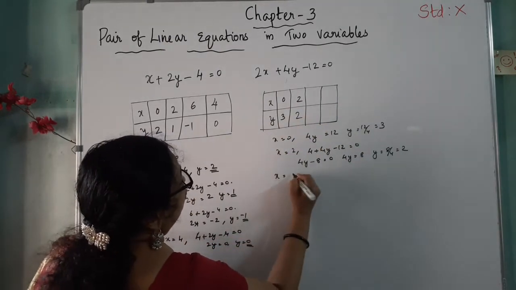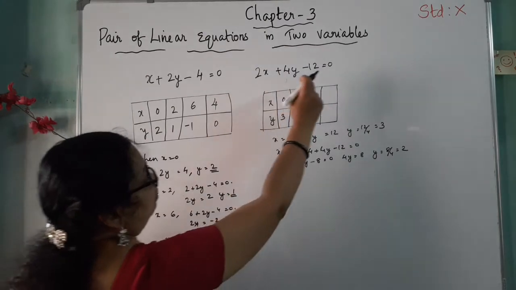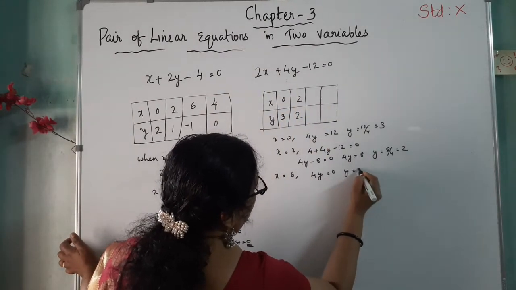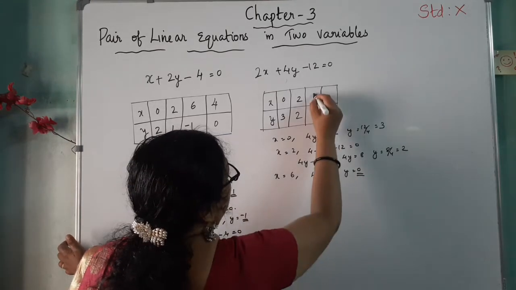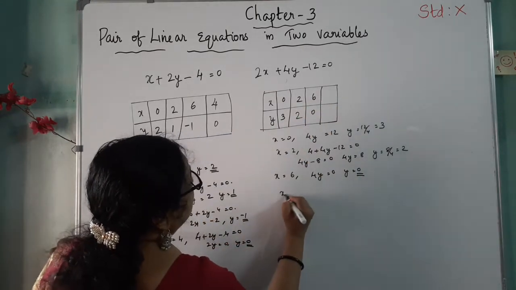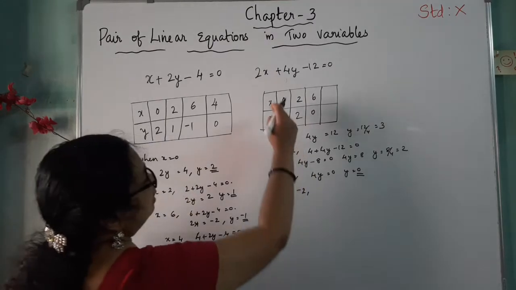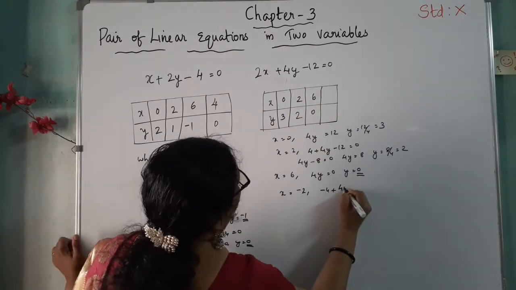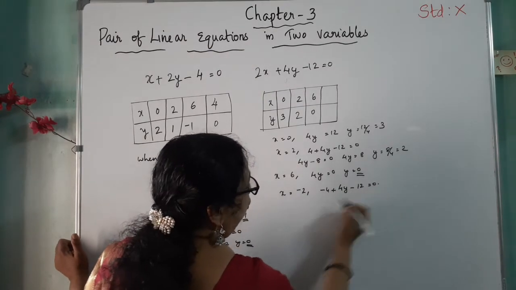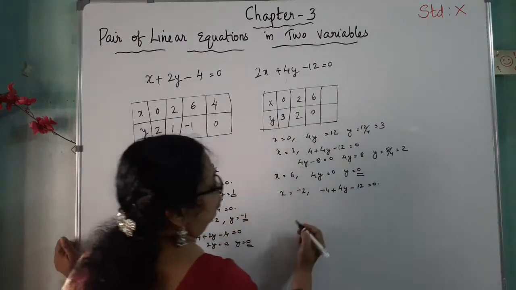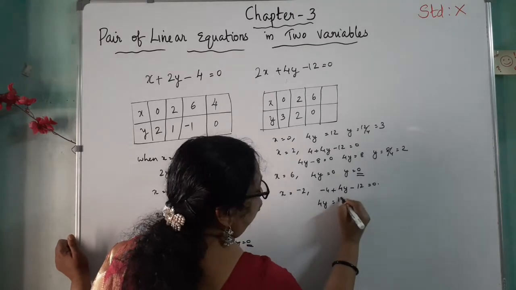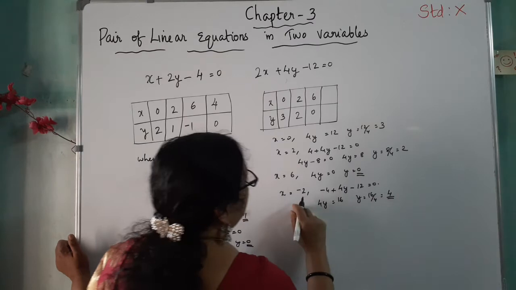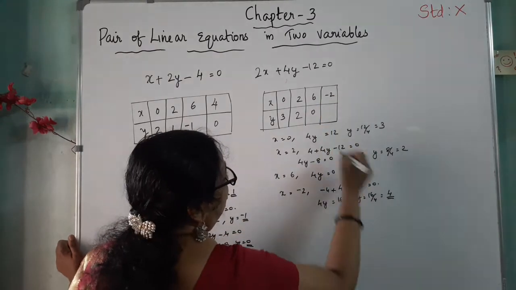Then when x equal to 6, 6 into 2 is 12, minus 12 cancel, 4y equal to 0, y equal to 0, that is (6, 0). Then x equal to minus 2: minus 2 into 2 is minus 4, plus 4y minus 12 equal to 0. Minus 12 minus 4 is minus 16, 4y equal to plus 16, y equal to 16 by 4 equal to 4. That is (minus 2, 4).